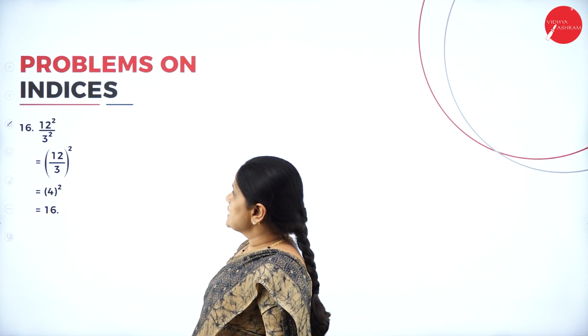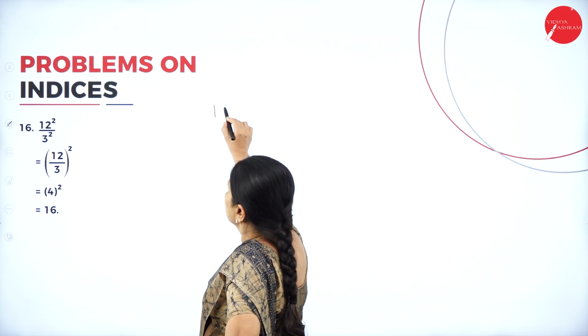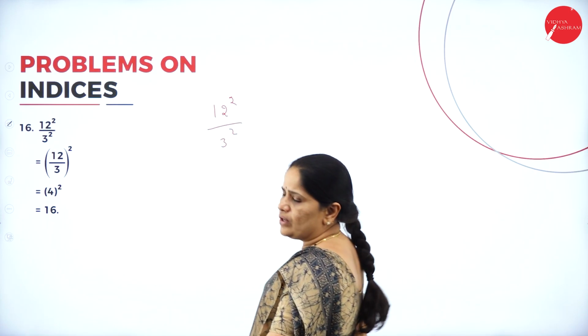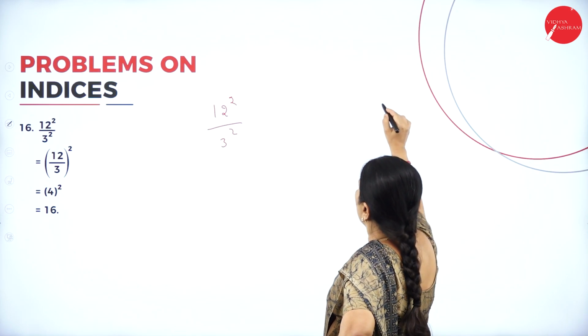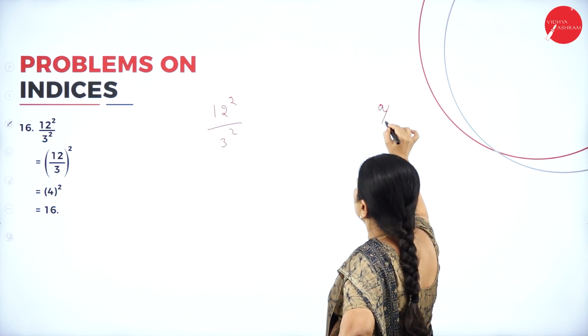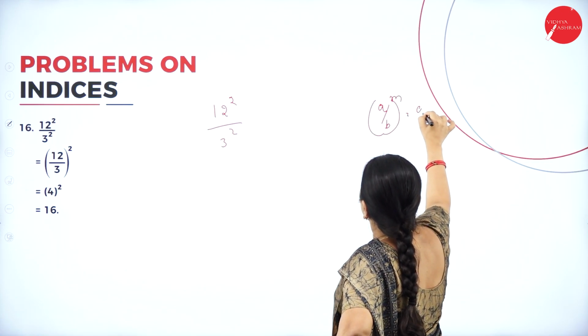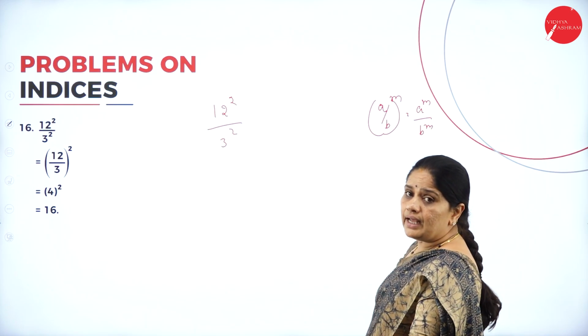Now, the next expression, what is the next problem given here? They have given us 12 square by 3 square. So, this is relating to the fifth law of indices. What does the fifth law of indices tell us? A by B to the power m equals A to the power of m by B to the power m.